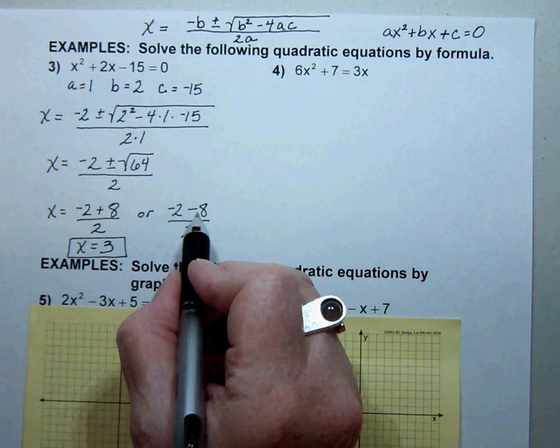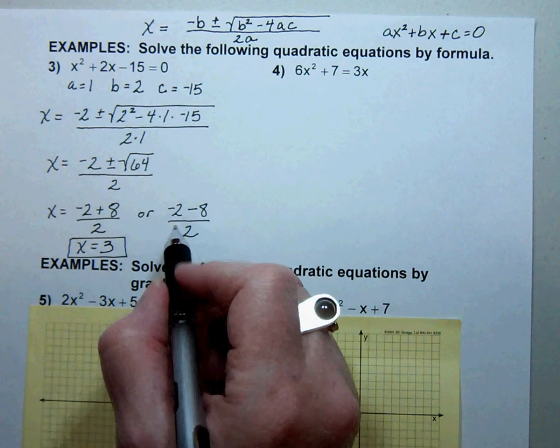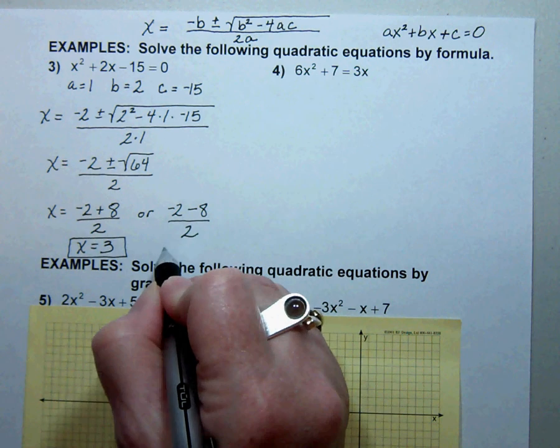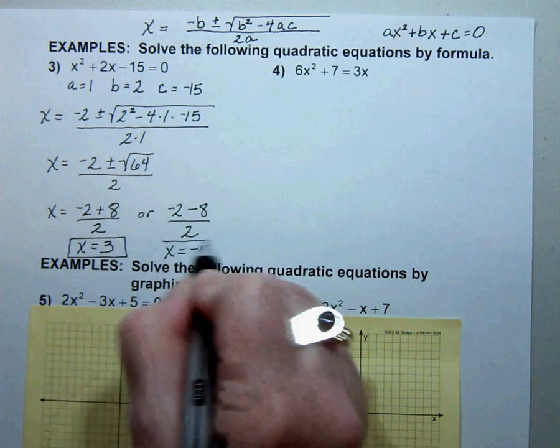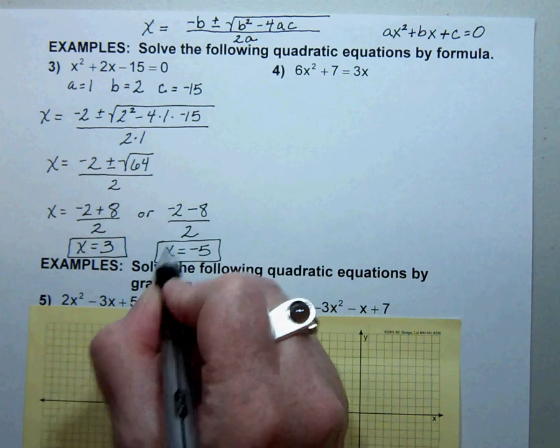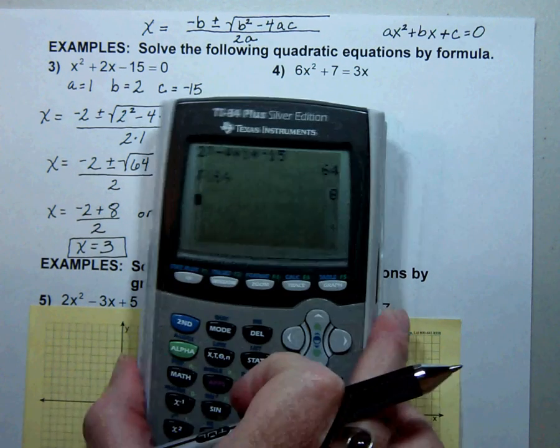And negative 2 minus 8 is a negative 10. Negative 10 divided by 2 is a negative 5. So that's your other answer. And remember, these are the x-intercepts, so if you were to graph this one, I think I'll show you that.